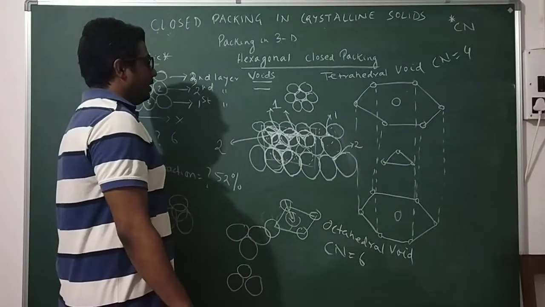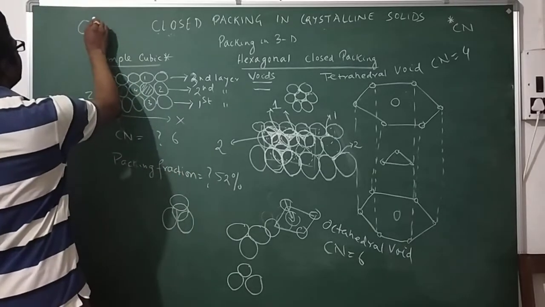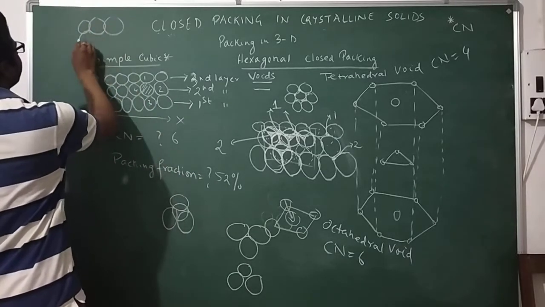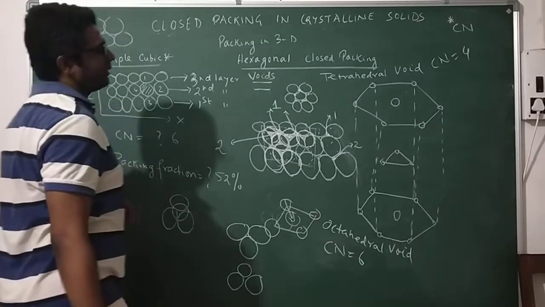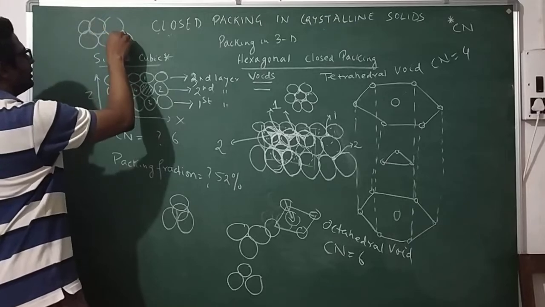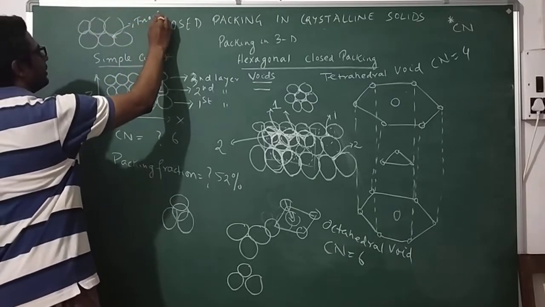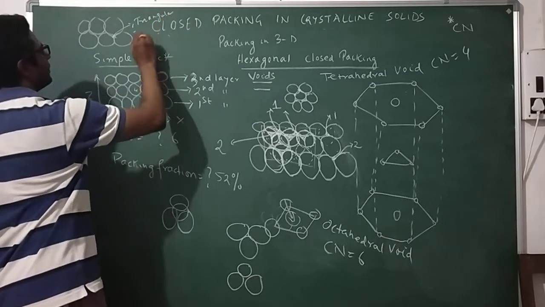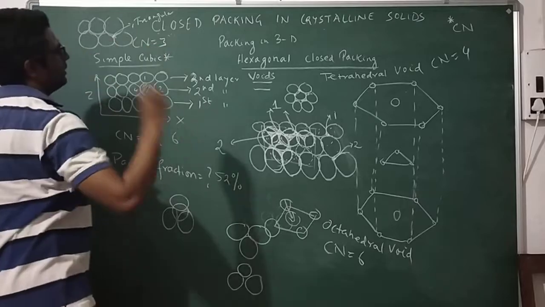Another thing I want to discuss: while we discussed 2D packing, each void over here was surrounded by 1, 2, 3 atoms. It is called triangular void. Triangular void coordination number is 3.